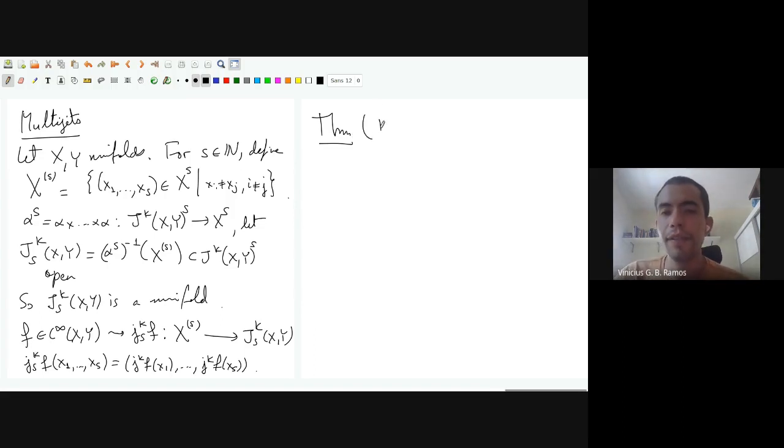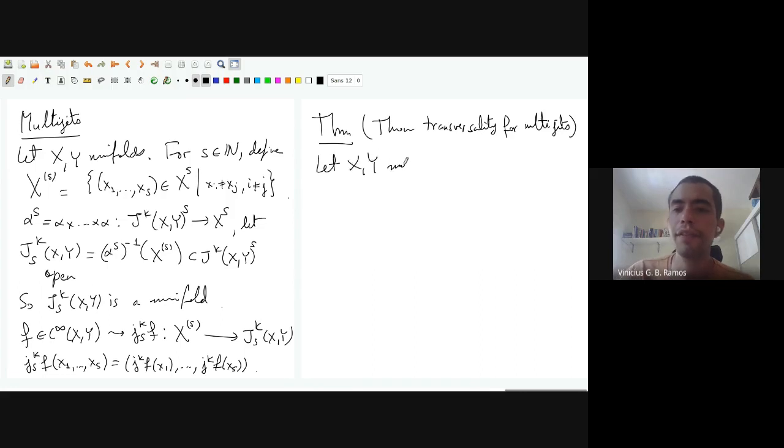So this is Thom Transversality for multi-jets. So it says the following thing. Let X and Y be manifolds, and pick a submanifold W of the space of multi-jets.